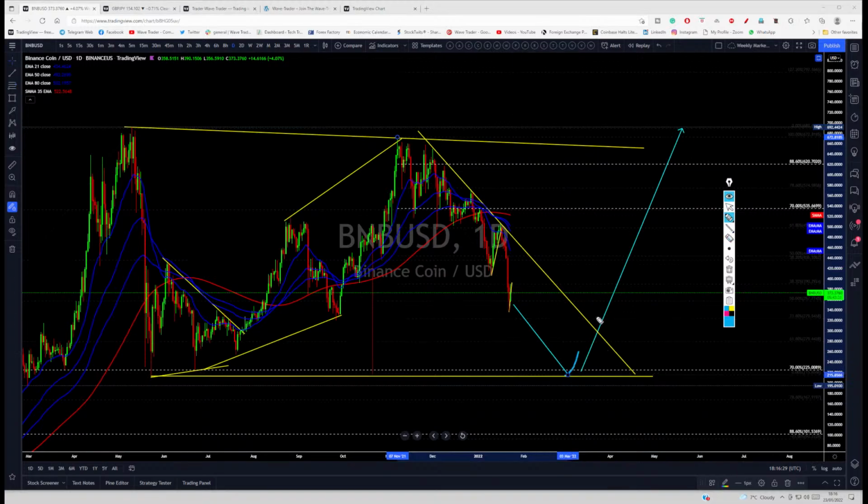The move you are looking at is the retracement of this move, a 70% retracement. Remember, Bitcoin is about to test this low.